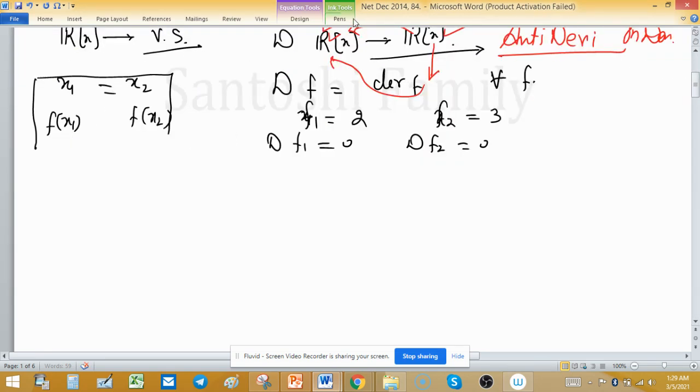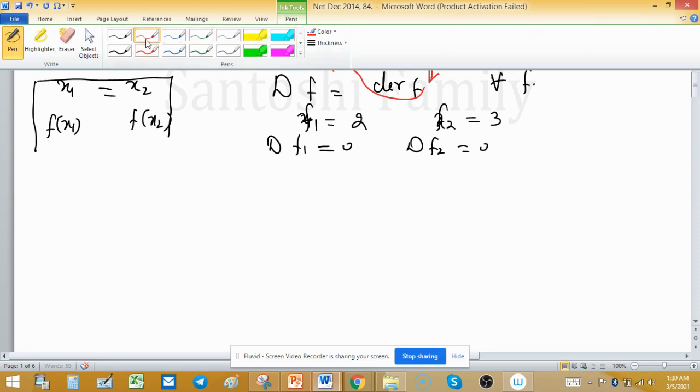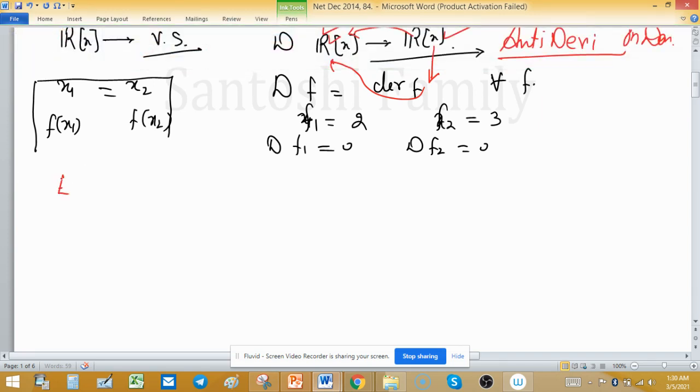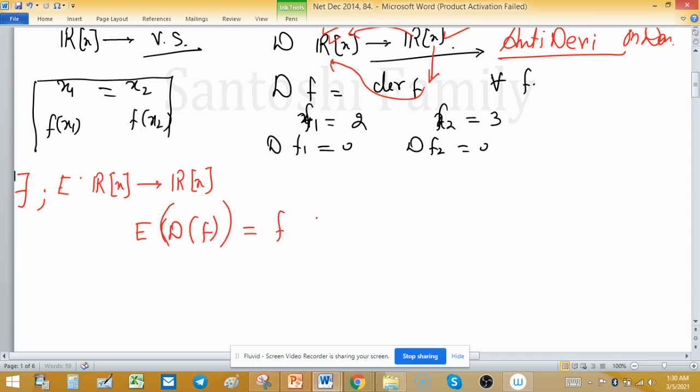Now we have to check the existence of this map E from R[x] to R[x]. We are checking existence, such that E(D(f)) is f is true for all f in the domain.